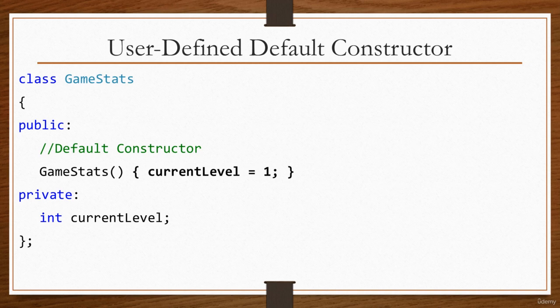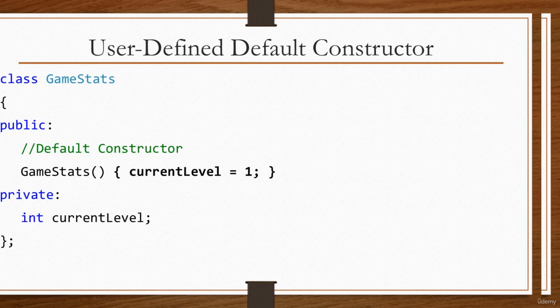And in this case, it's also defined in the body of the GameStats class. So when this constructor is invoked, in other words, when an instance of this class is created, then I set current level to 1. So this is what will happen by default. This is now a user-defined default constructor. And this means I know what the state is going to be each time I instantiate that particular class. Of course, you can overload that constructor, and we'll talk about that as well.